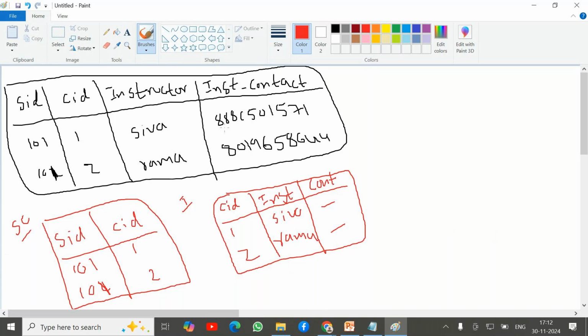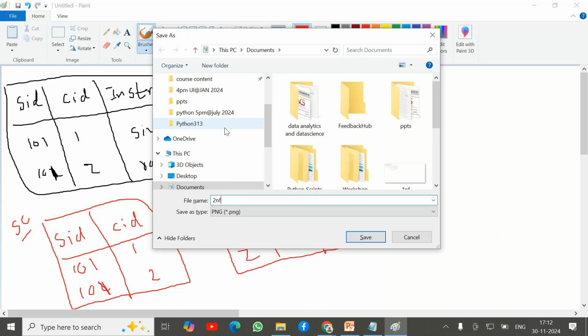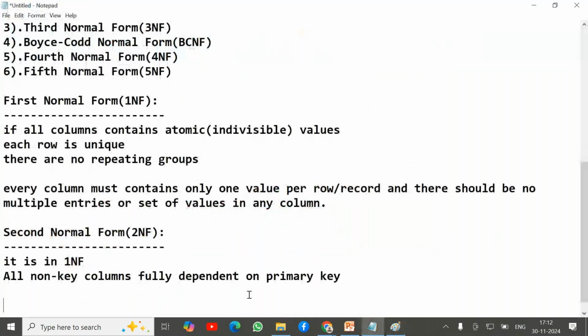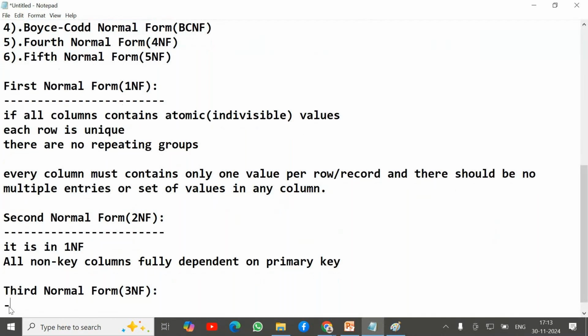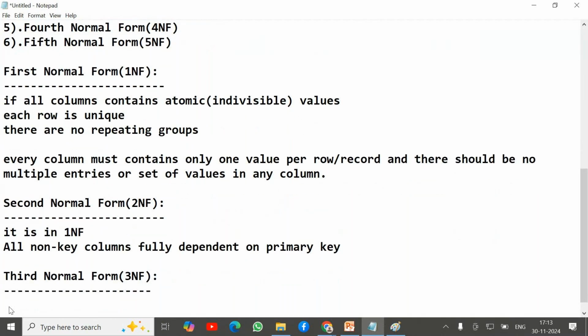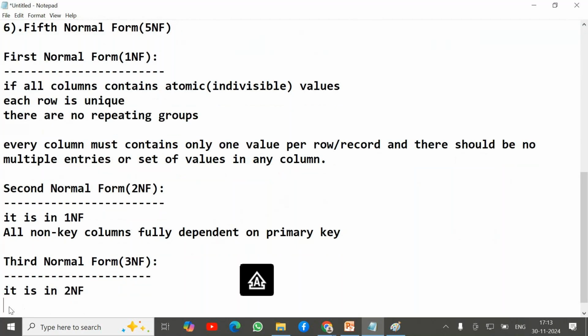Next one, this is 2NF. Next one, third normal form. It is already in 2NF, which is in 1NF. It has no transitive dependency.